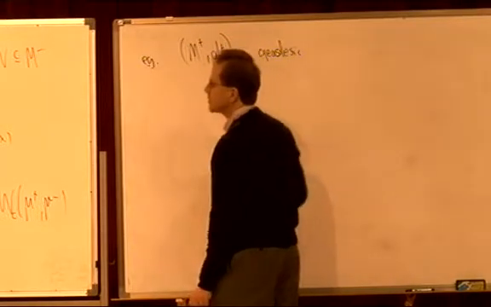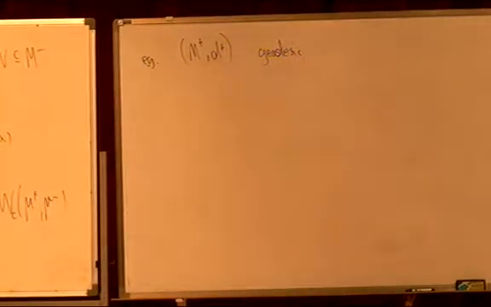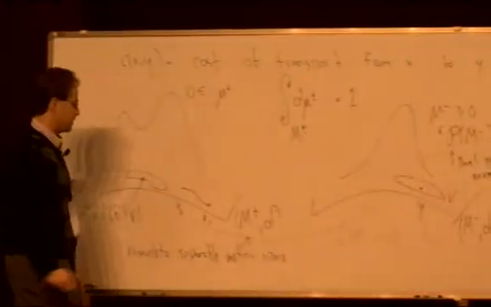What is a geodesic space? It's a space in which every 2 points, x0 and x1, have a sort of shortest curve connecting them.